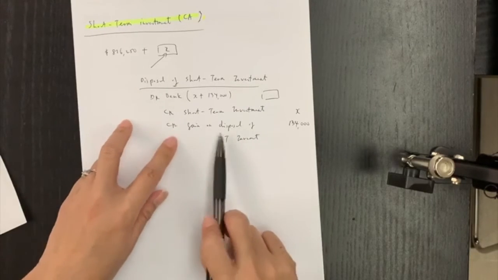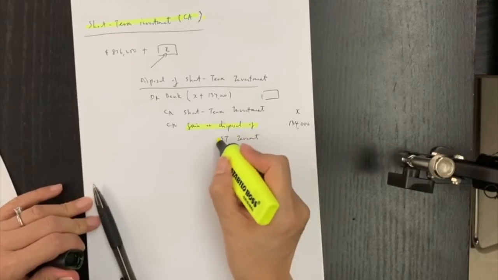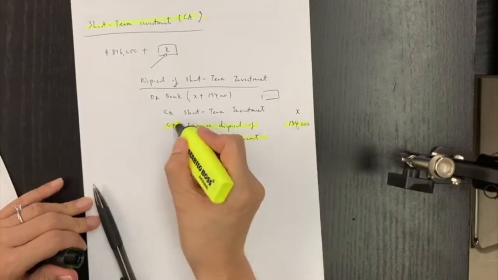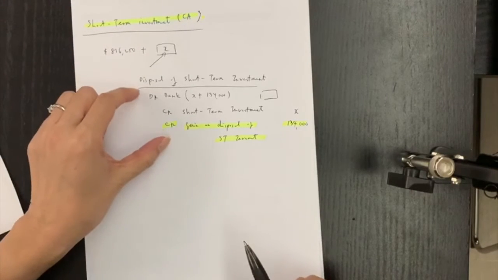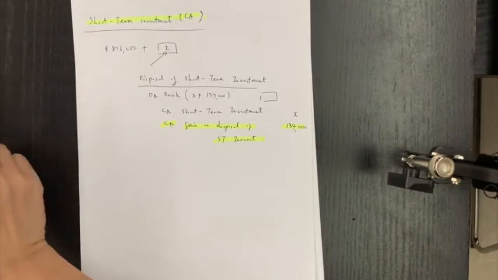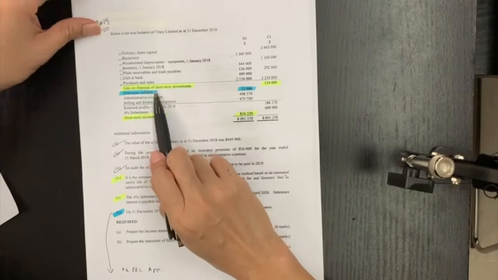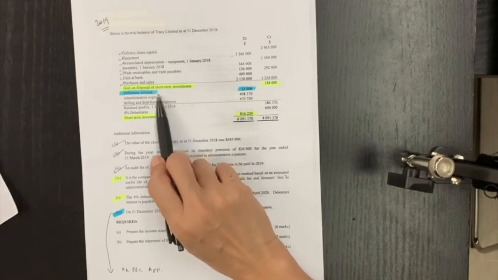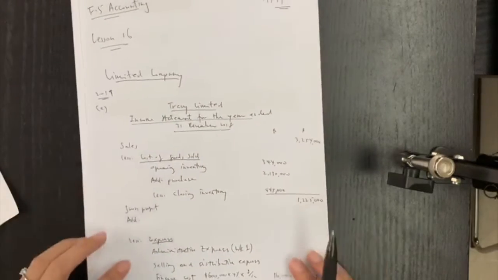But since we already have this credit, we already have this gain on disposal in the trial balance, that means the whole double entry has already been done in the books and included in the trial balance as this gain on disposal of short-term investments. So this should be a kind of revenue to the income statements.